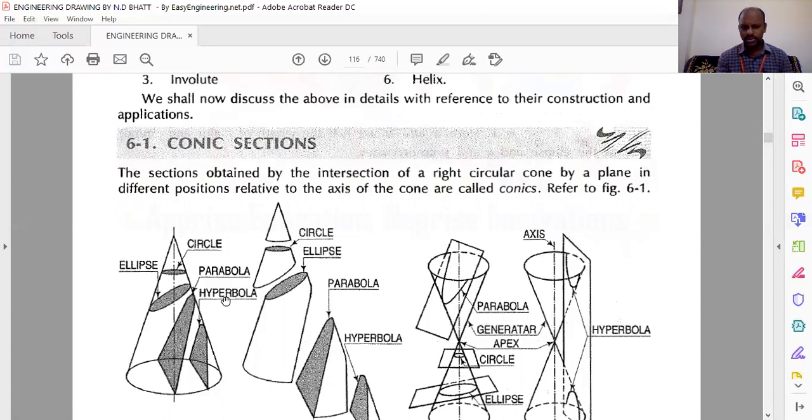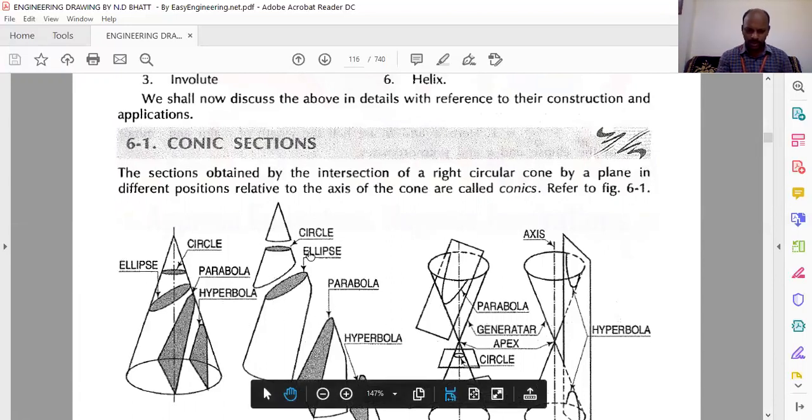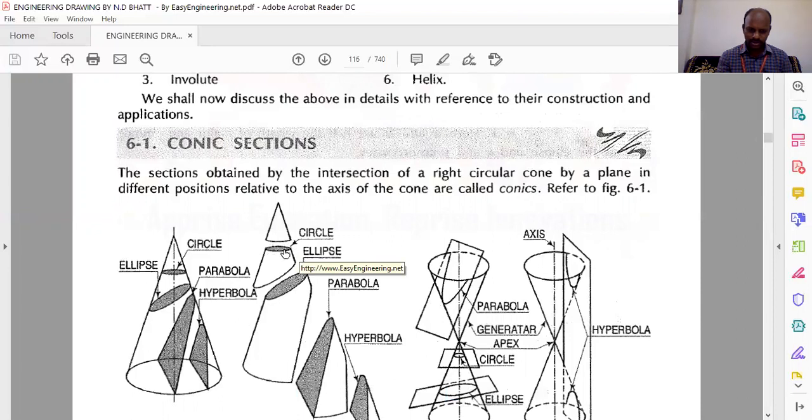You can observe from this pictorial view here, the cone is cut horizontally, so the cutting zone formed is a circle. Similarly, if it is cut at an angle, at the cut zone you find an elliptical shape.